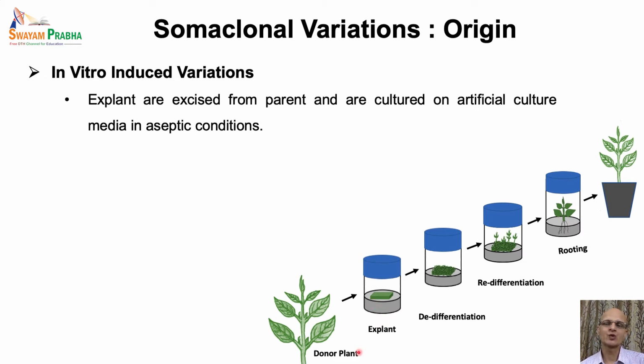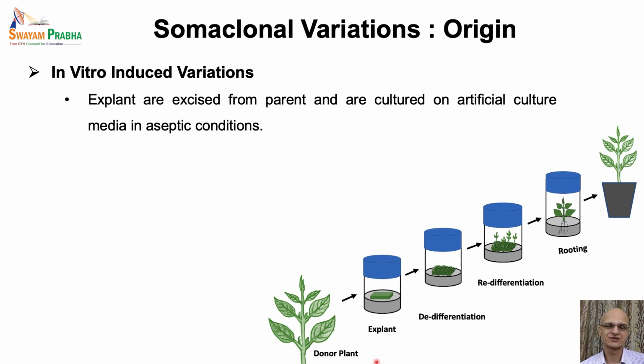Any genetic variations present in the explant tissues when we harvest it from the donor plant are called pre-existing variability, as we discussed in the last slide. And any variations caused or introduced during the culture from now on are called in vitro induced variations.